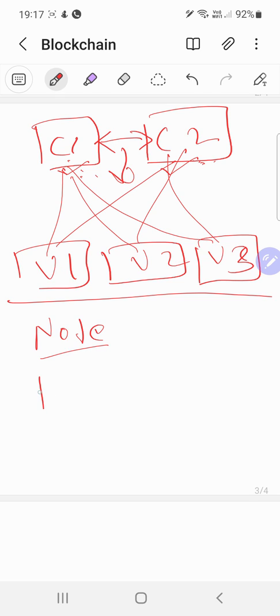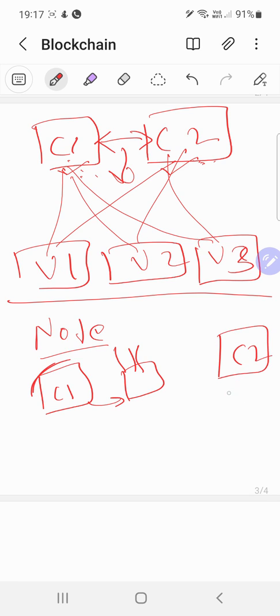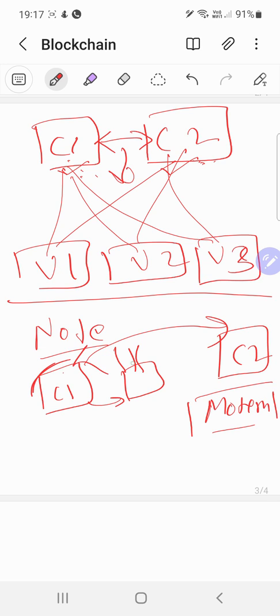So we can have, let's say, computer 1, and this computer 1 might have some sort of router which is being used to connect it to Wi-Fi. And we can have computer 2, which might have some sort of modem. A modem can also be used to get a network. Now if computer 1 and computer 2 are connected with some sort of mechanism, then how are these two computers going to connect?